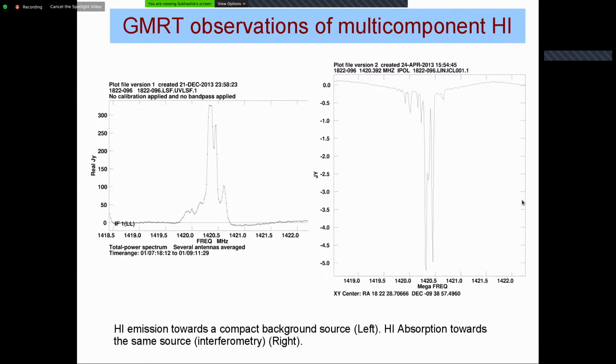So 1 megahertz, I can tell you roughly by an order of magnitude, divided by 1 gigahertz is 1 part in 1000. The velocity of light is 10 to the power 5 kilometers per second, so this will be 1 by 1000 of that, meaning the total velocity width.